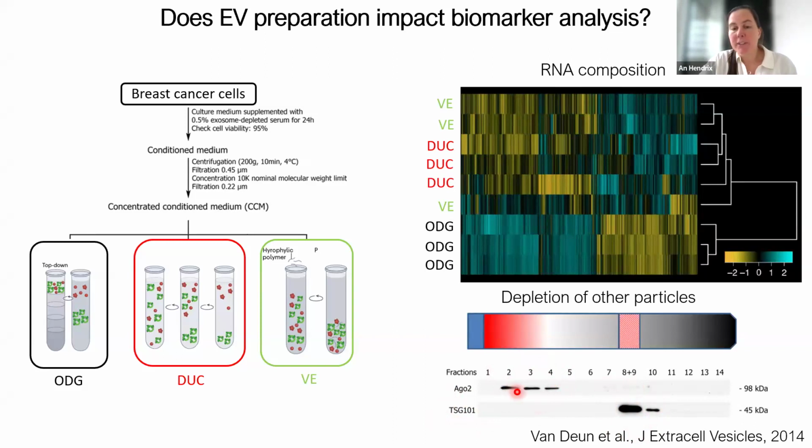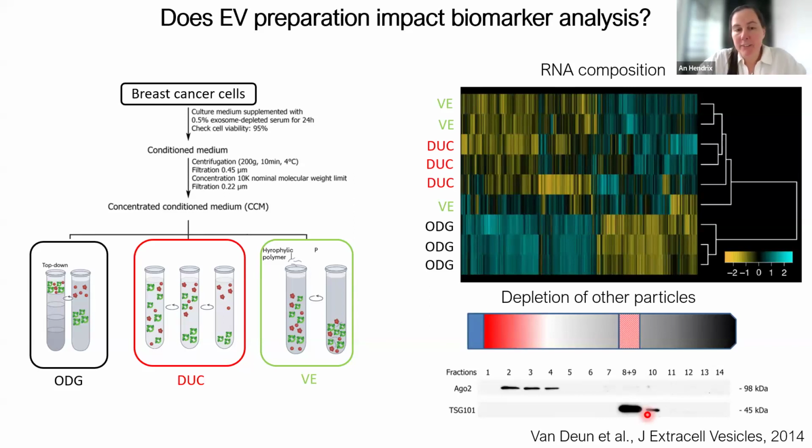If we did a similar analysis in the size-based preparation or the volume excluding preparation, we observed a clear co-separation of these two types of particles. This indicates that depending upon the method that you use, you will enrich extracellular vesicles with a different level of specificity, what we also refer to as purity of the sample.